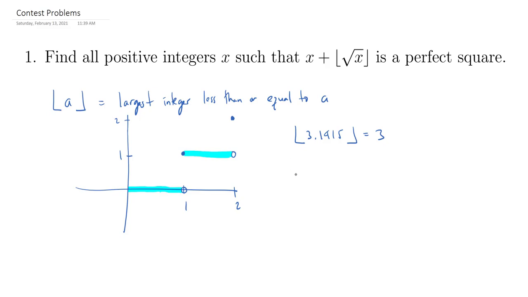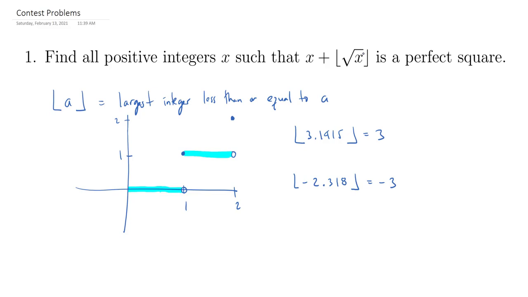For example, for the floor of negative 2.318, I need the largest integer which is less than or equal to this, and that would actually be negative 3. So it works a little differently with negative numbers. But for this problem we don't need to worry about the negatives, because we're only looking for positive integer x's, since we're going to be taking a square root.